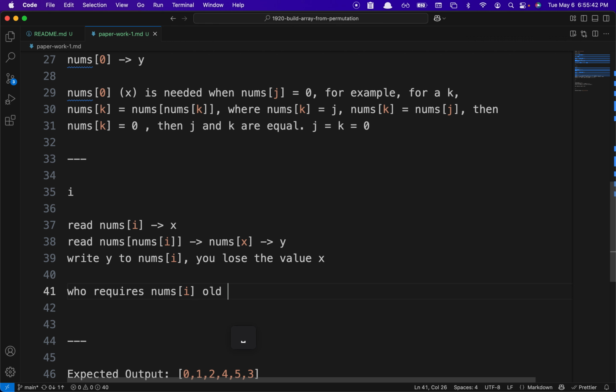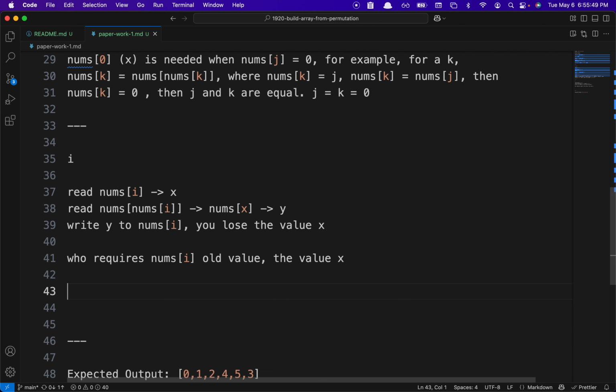Value, whole value x, right? It'll be someone who has nums of k equal to I. It will require the value x when nums of k is I, right?